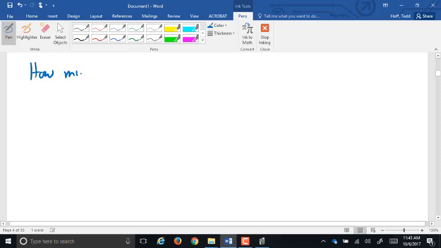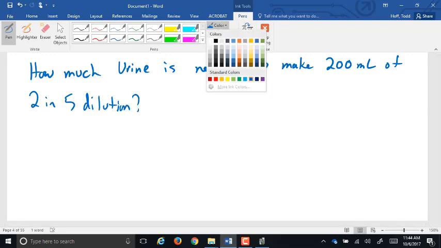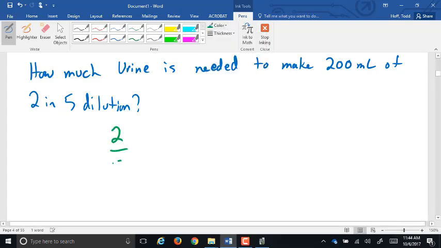So we might ask a question like, how much urine is needed to make 200 milliliters of 2 in 5 dilution? So again, this is a 2 in 5. What does the 2 represent?